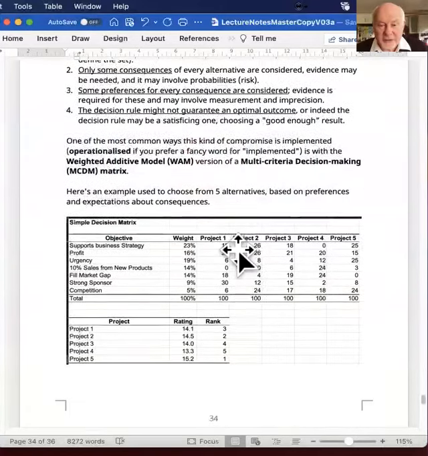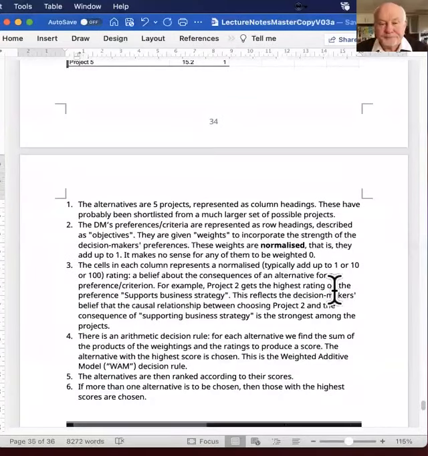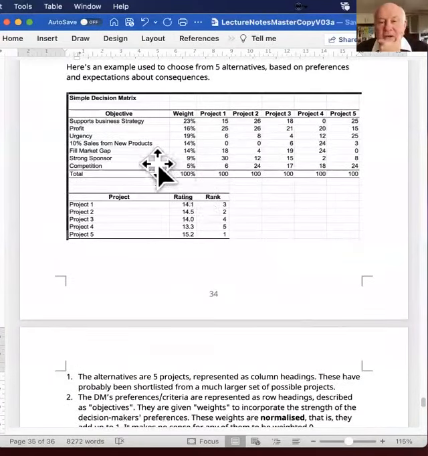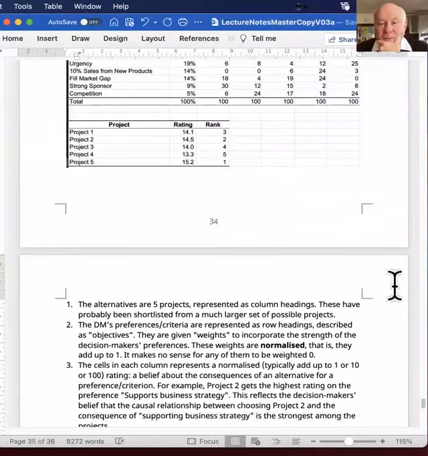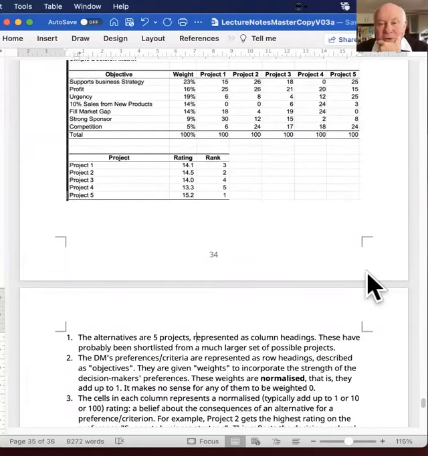Okay, so just going back now to this. A couple of things to note. There are some things you can do to help make this work well, apart from doing a good job of the process of selecting the alternatives and criteria and weights and so on.